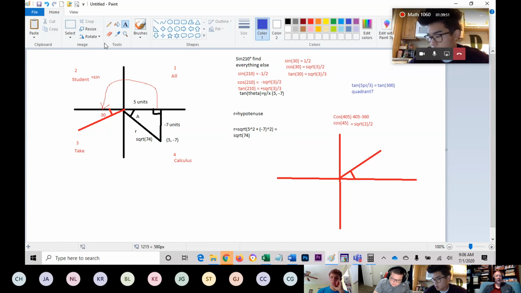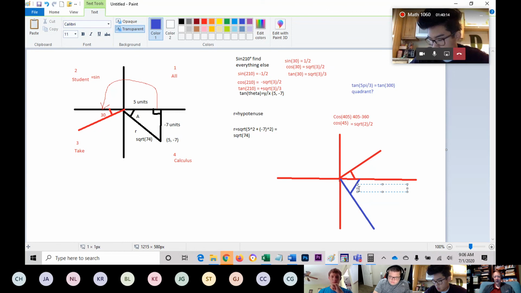Okay. So essentially, 300 degrees. What's your reference angle here that I just drew? That would be your 60-degree angle.